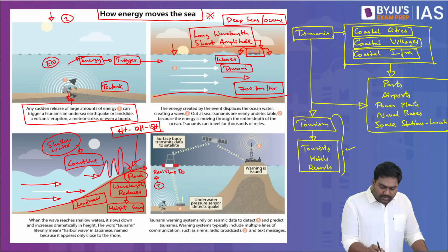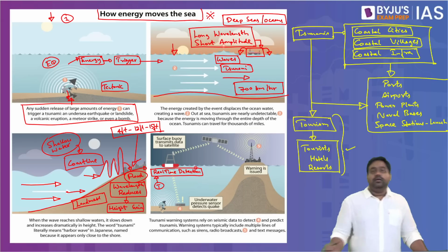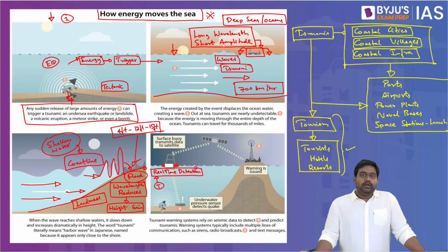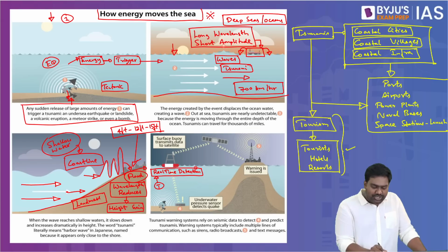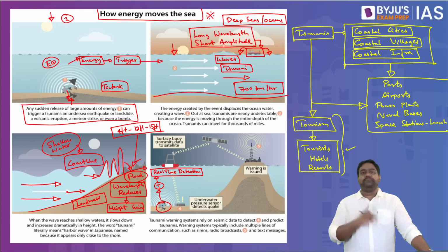Today, we have enough technology available, both underwater, in space, and also on land. Through a network of these sensors, we can detect the generation of a tsunami wave underwater as soon as the event happens.